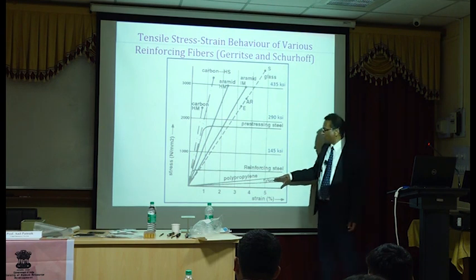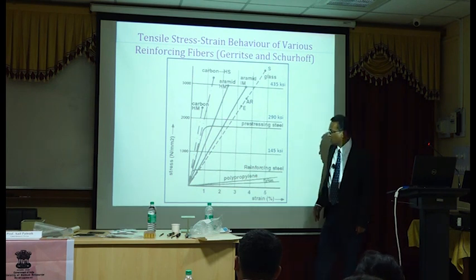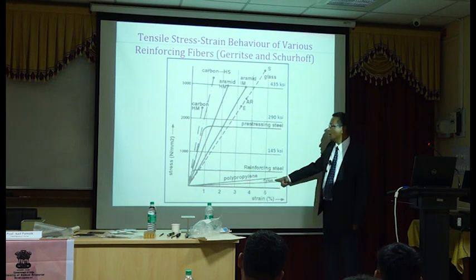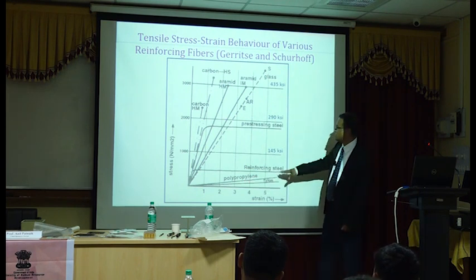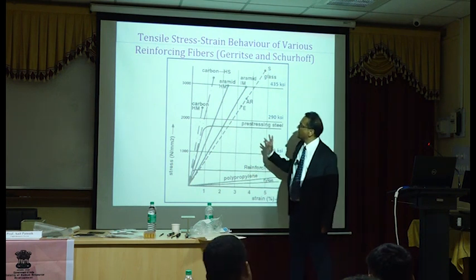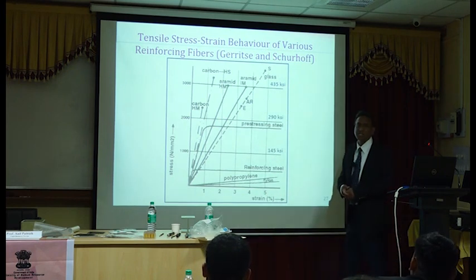And we have other fibers, nylon fiber, polypropylene fiber. Some of you probably use this in your FRC, fiber reinforced concrete. You use polypropylene fiber. Nylon, maybe not, but polypropylene is very common. Now, what about pre-stressing steel? Pre-stressing steel has very high tensile strength, right?